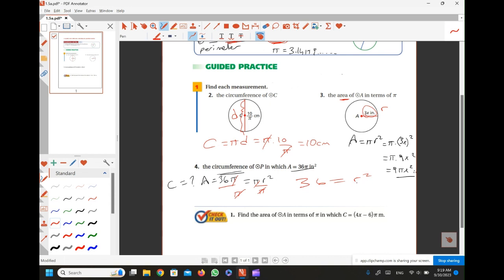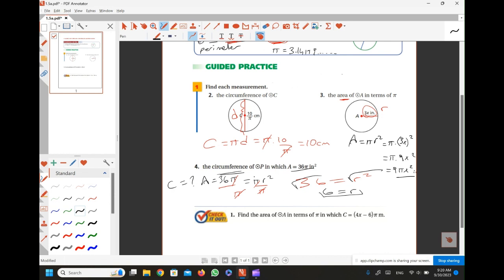What you need is just r, not r squared, to find circumference. So take the square root of both sides. So the square root of 36 is plus and minus 6. But since we are talking about length, the radius is a length. Length can never be a negative number. So it is positive 6. So this is what we need to find circumference.